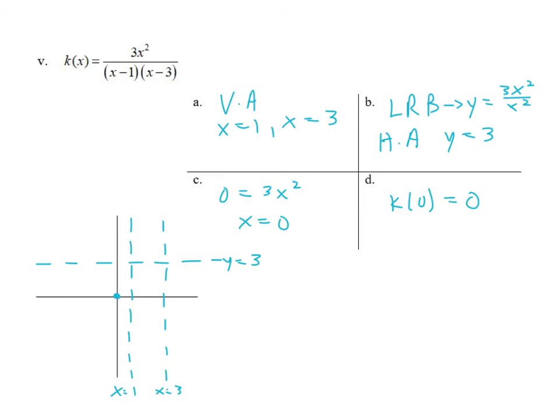Okay, check and see if this is what you got. I decided just to draw in the parts that are between the two asymptotes and to the right, just to start here. I just plugged in positive 2 and got back, I believe, negative 12, right?